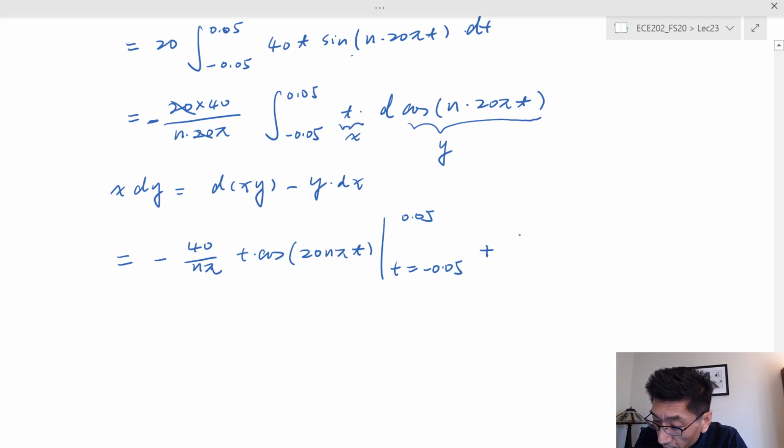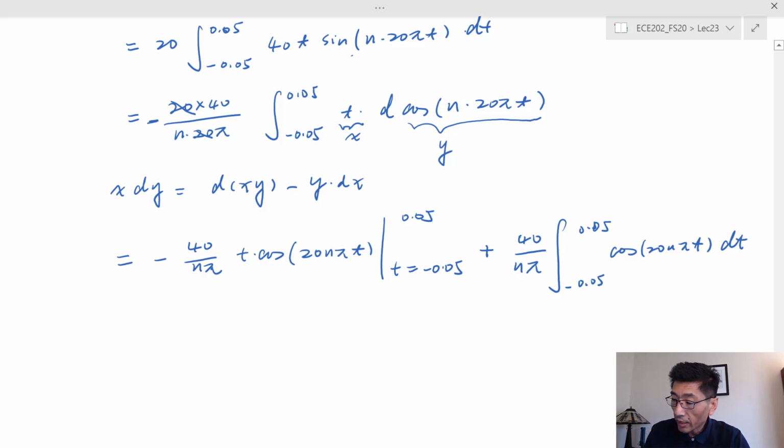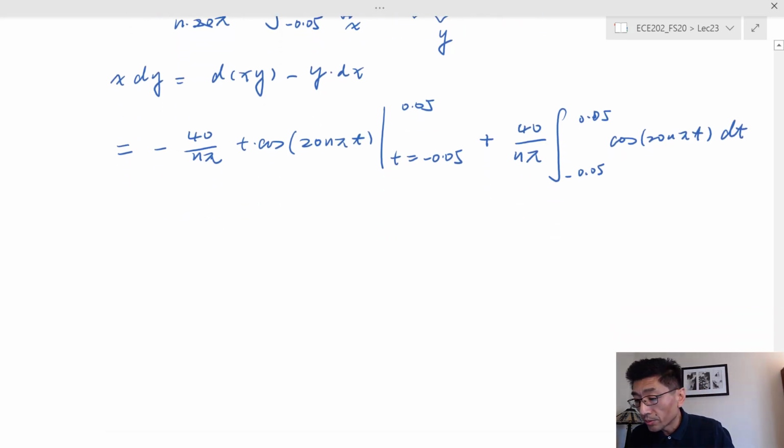Y is, so I need to carry all the things in front of the integration, and I have a negative 0.05, and cosine 20 n pi t, and dt.